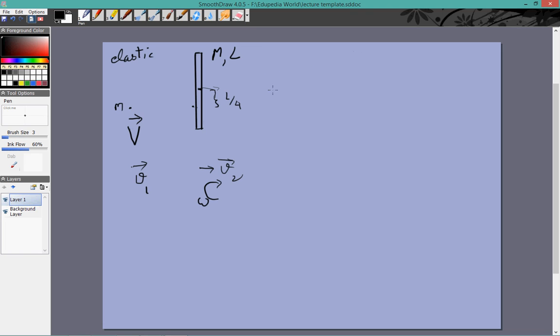So the first equation, I can write as conservation of momentum. The initial momentum, I'm talking about linear momentum right now, of this object is mv initially, and this is 0, right? So mv. What is the final linear momentum? Final linear momentum of this object is mv1.